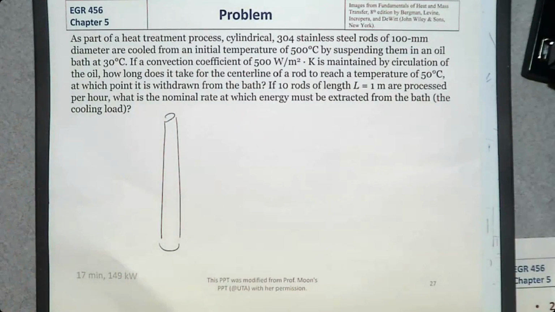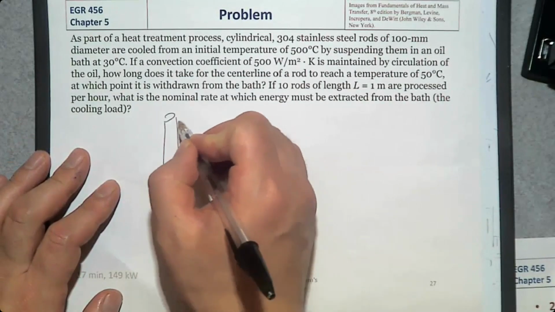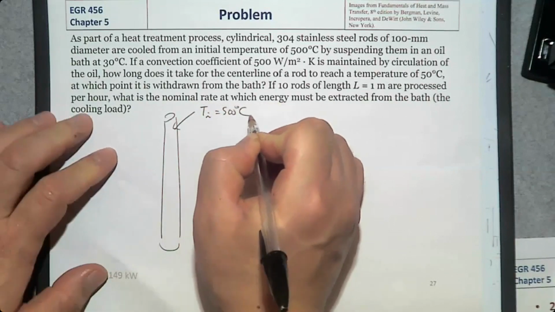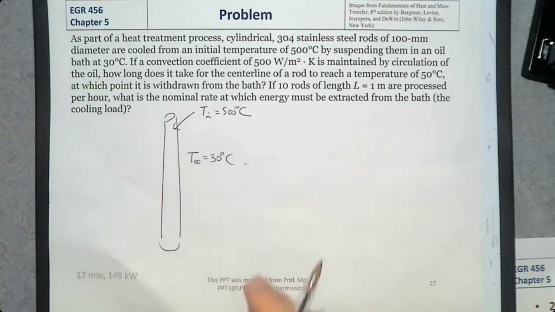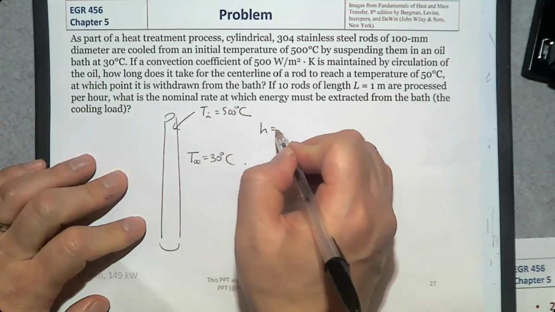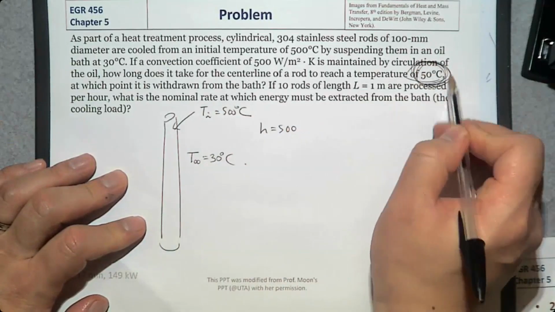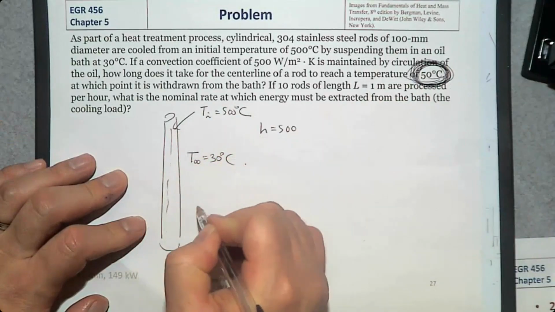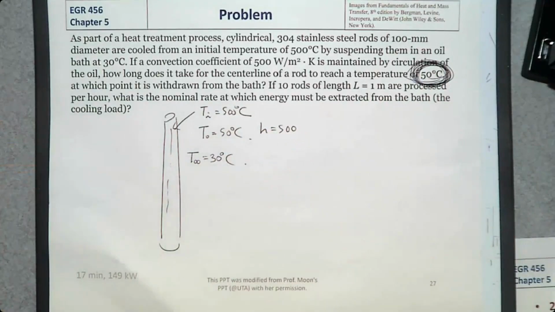The initial temperature Ti is 500 degrees Celsius, the surrounding fluid is at 30 degrees Celsius, and we have an h value of 500. We want the center of the rod to drop to 50 degrees Celsius. How long does it take?